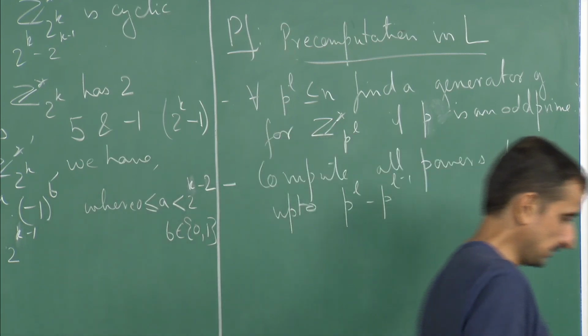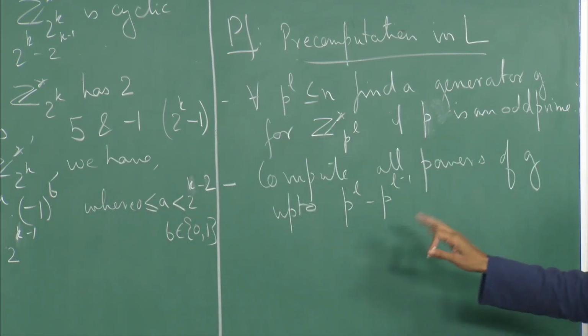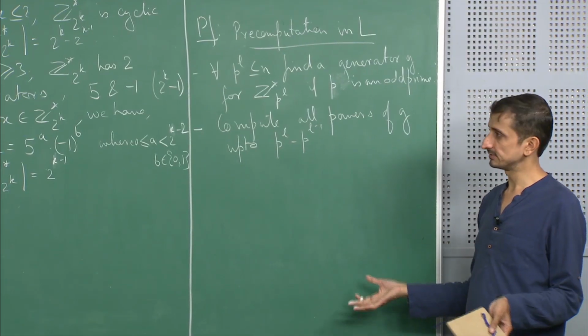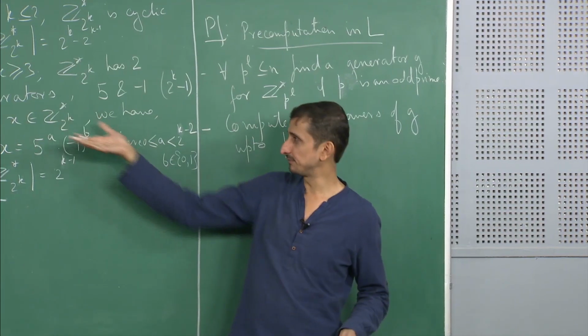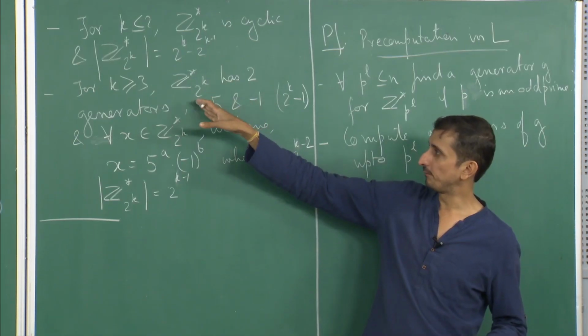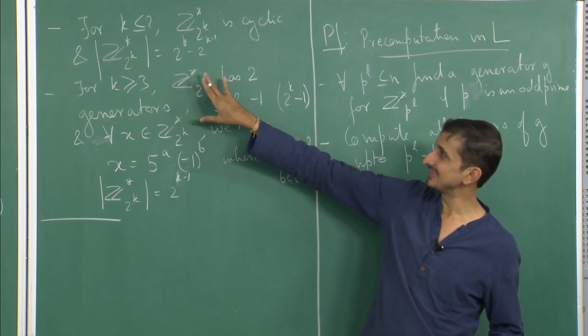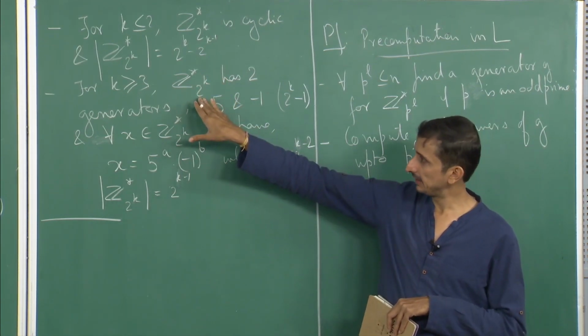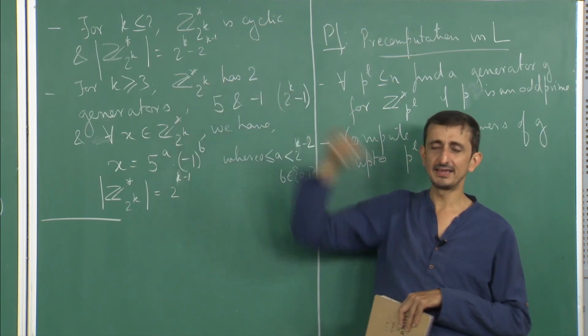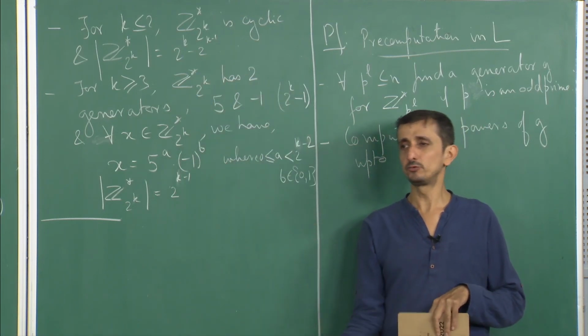So again, for the rest of the proof, this proof will have two cases. Case 1 is when I have a single generator, that is when either p is an odd prime or p is equal to 2 and k is less than or equal to 2, and the second case is when I have p equal to 2 and k greater than or equal to 3, in which case I have two generators.